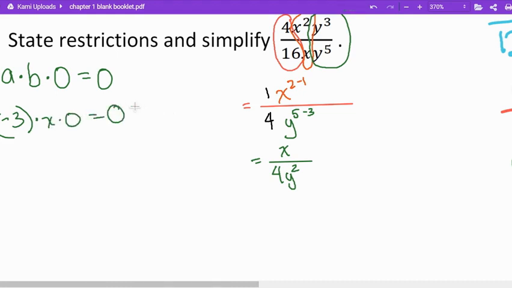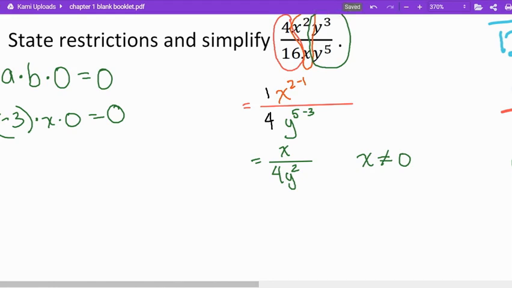So if any of the multiples is a 0, the entire expression becomes 0. So what that tells us, 16 cannot be 0, but we know that. What can x not be? Because if x is 0, then I go 16 times 0. Oh, okay. So x cannot be 0.